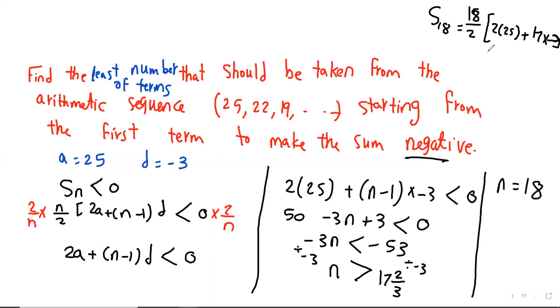D is negative 3, okay? 18 over 2 is 9, and here it's 50 minus 51, which is negative 1, multiplied by 9. 9 times negative 1 equals negative 9. That's it.